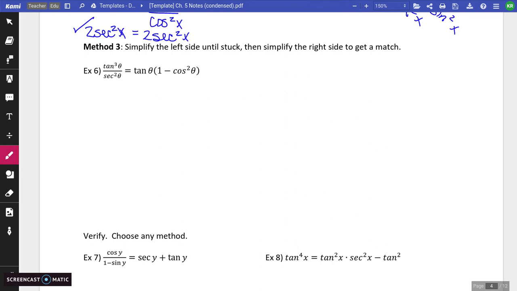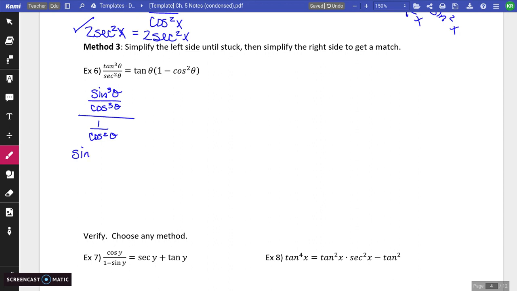Okay, so this one, I think I'm going to try working on the left side. I've got a tangent cubed theta and a secant squared theta. I might try going with sine cubed. So I'm going to change everything to sines and cosines, and then divided by 1 over cosine squared theta. So I got a complex fraction.